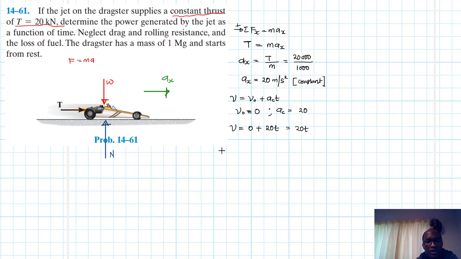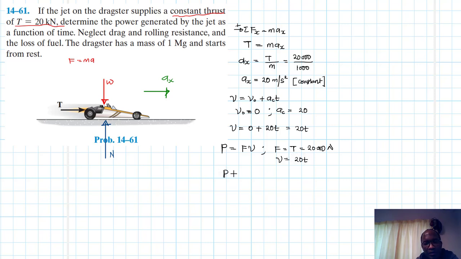Alright, with this we can apply the power equation. Power is equal to F times v, where our F in this case is equal to T, which is 20,000 newtons, and our v is equal to 20t.